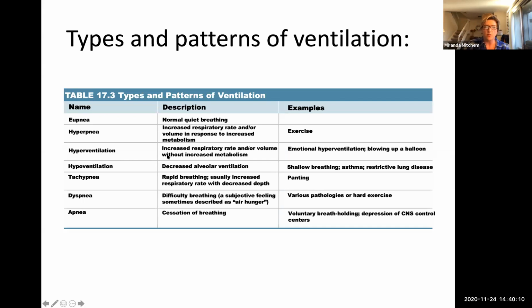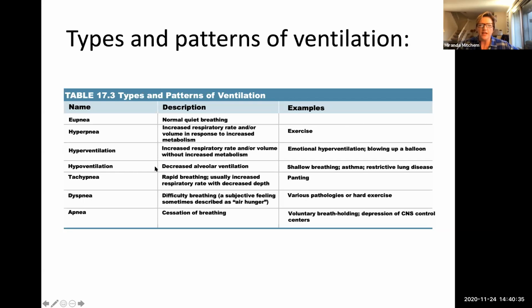This is when we're breathing too fast, or the volume is changing. So we have an increase in the rate or the volume, but it's not being stimulated by metabolism. Metabolism or exercise is different. That would stimulate us to breathe faster too.